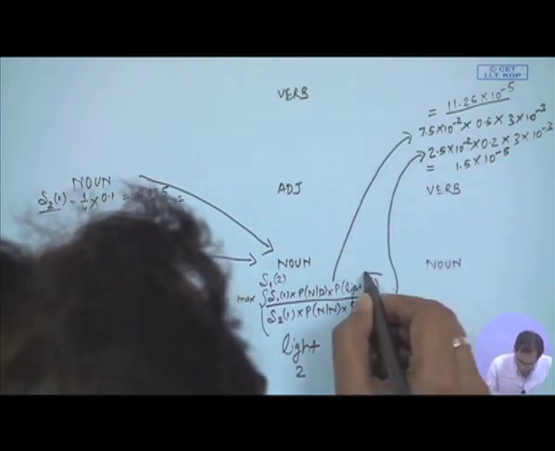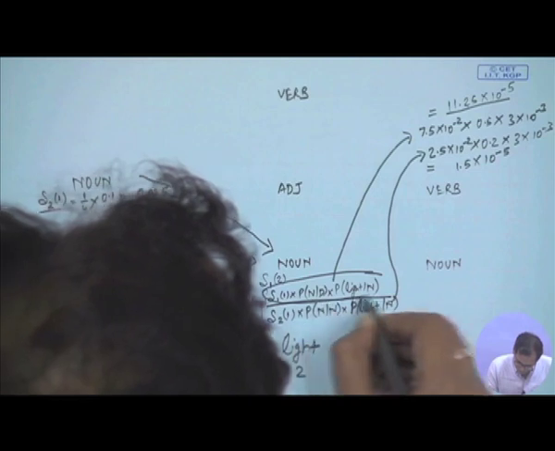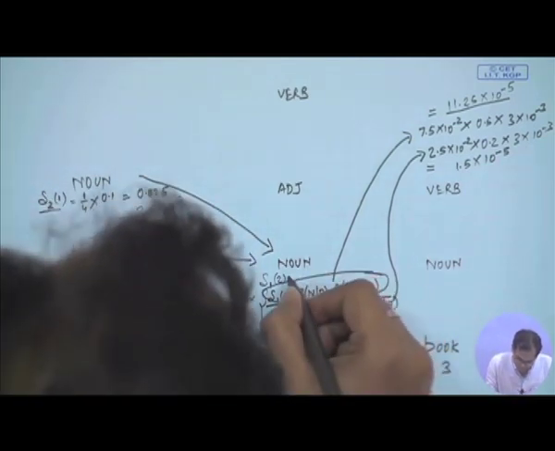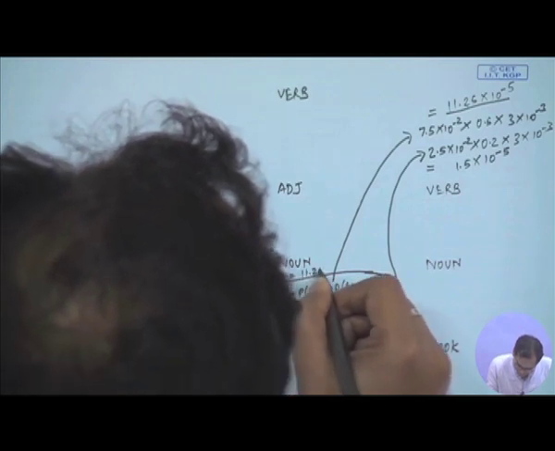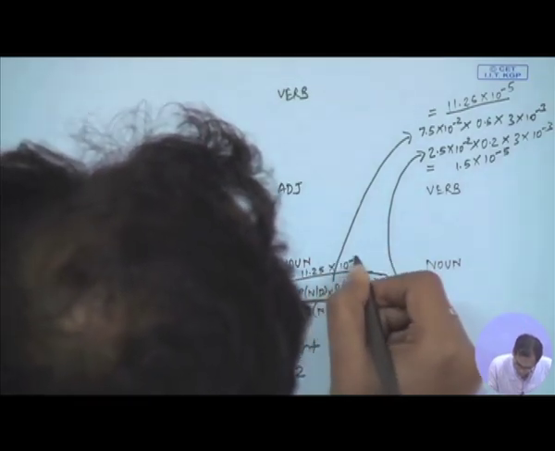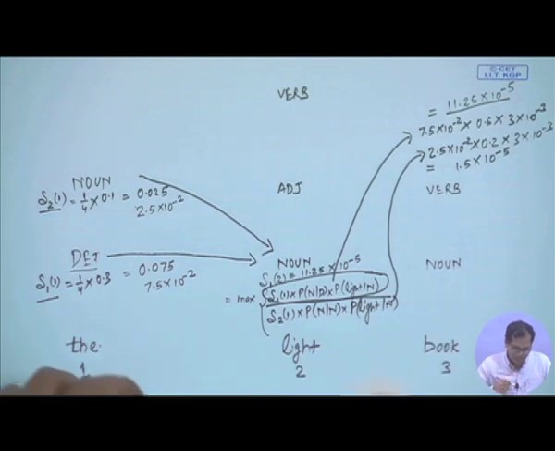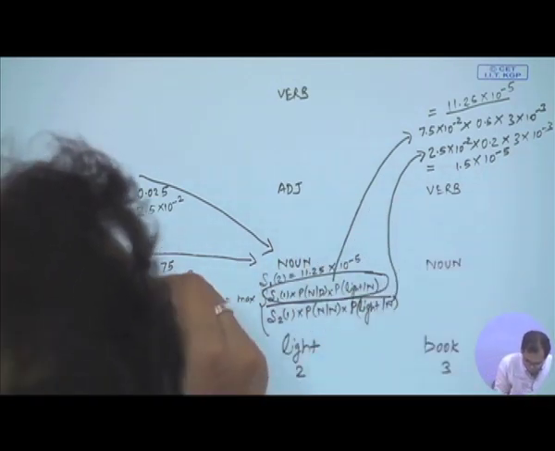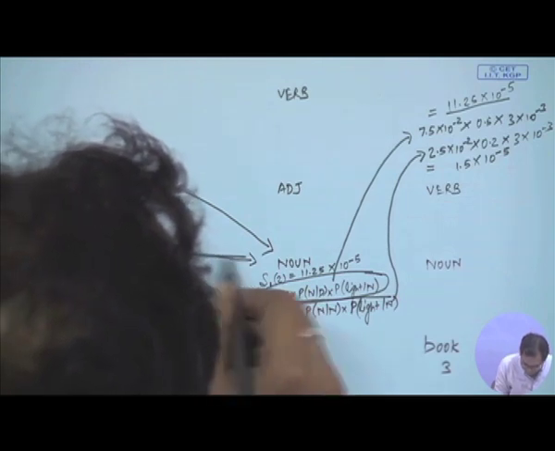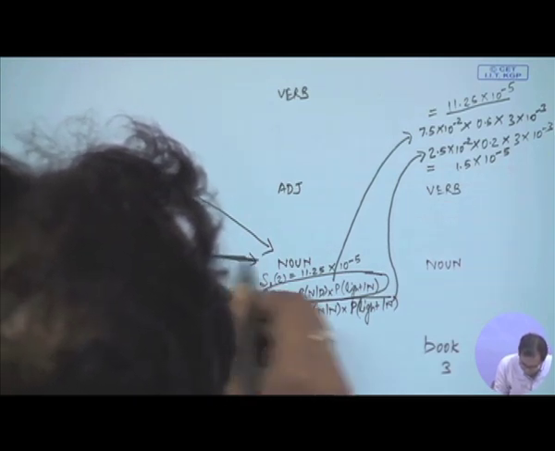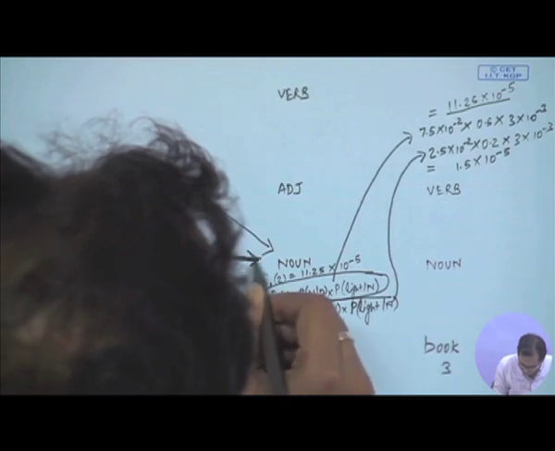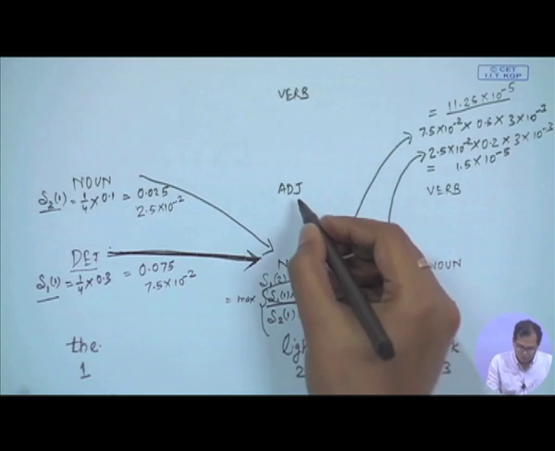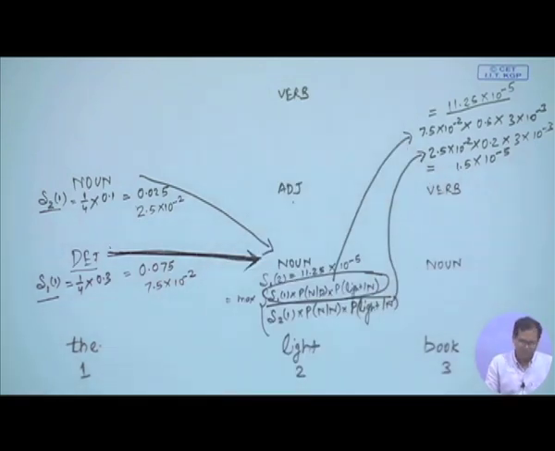So this is what you will take. So you can store delta 1 2 as 11.25 into 10 to the minus 5. Okay, and you will also store the backtrace that is coming from this path.